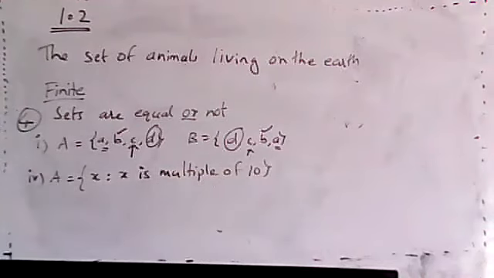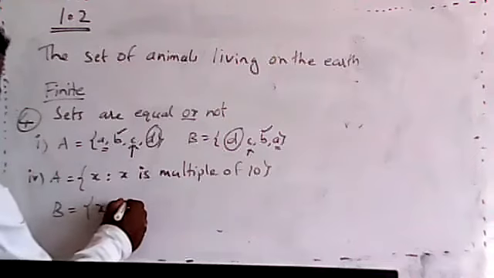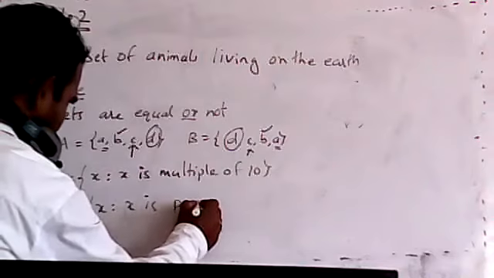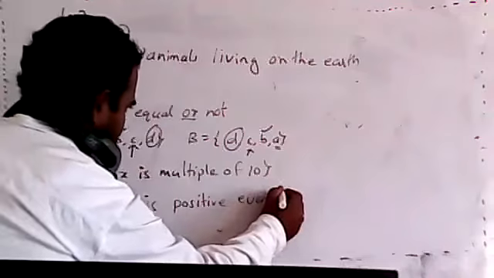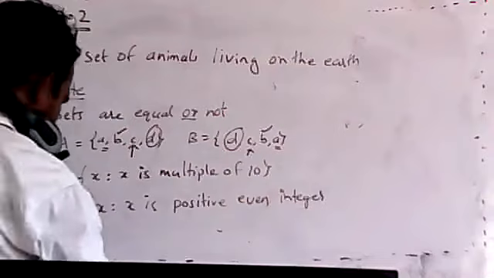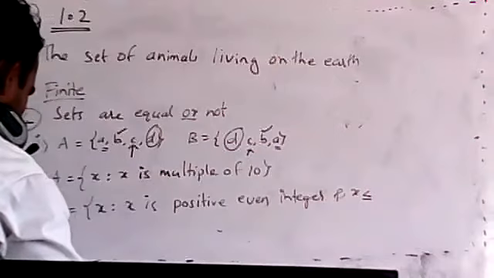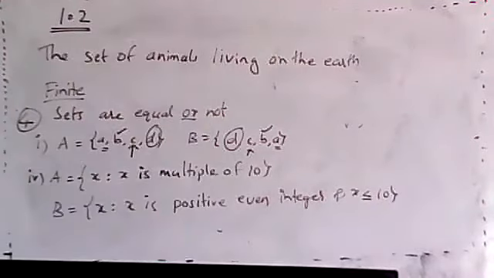And then one more set they have given, set B. It's also having all the elements of X such that X is a positive even integer, and X is less than or equal to 10. Whether set A is equal to set B.